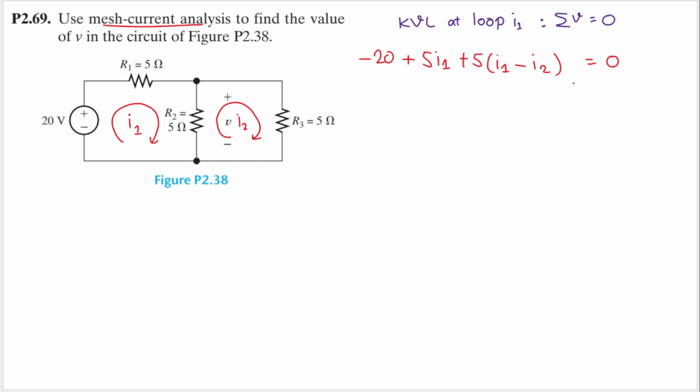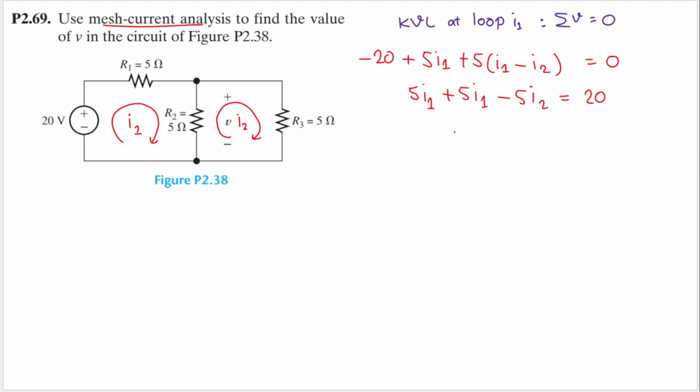Okay, now let's move this minus 20 to the right hand side, so that will become 20. I will have 5 times I1 minus I2 here, and then let's distribute that 5, so I will have 5I1 and then minus 5I2, and on the right hand side I will have 20.